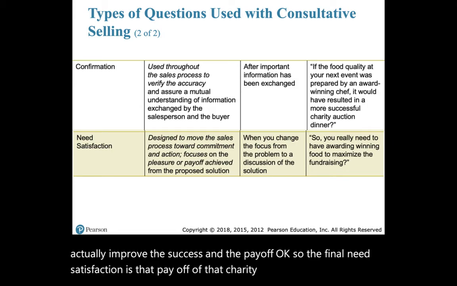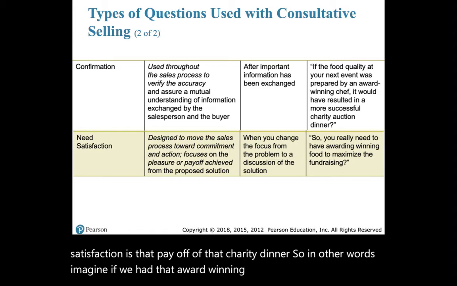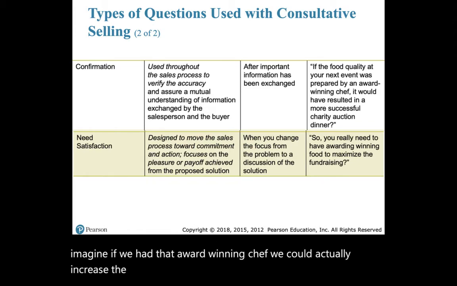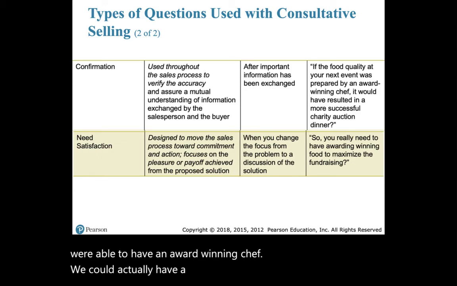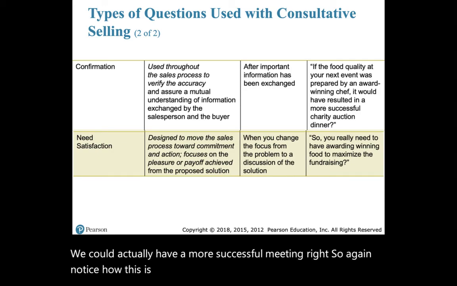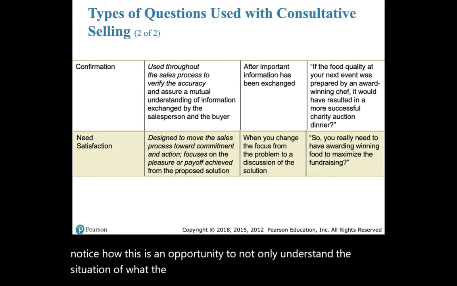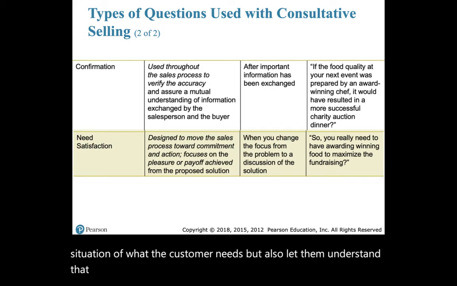So the final need satisfaction is the payoff of that charity dinner. In other words, imagine if we had that award-winning chef, we could actually increase the funds perhaps for that meeting. We could actually have a more successful meeting. So notice how this is an opportunity to not only understand the situation of what the customer needs, but also let them understand that there's a possibility to improve the situation from previous.